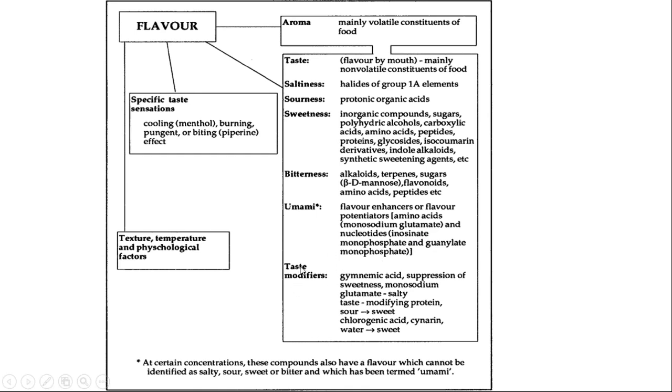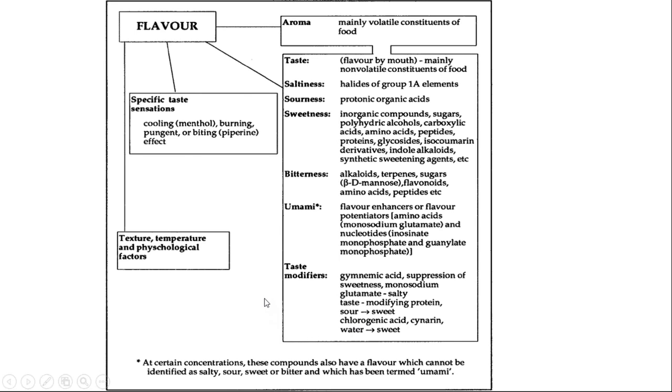And then you have taste modifiers, which can modify the taste. For example, gymnemic acid suppresses sweetness, MSG suppresses salt, and modified protein suppresses sour to sweet, and chlorogenic acid suppresses the two and enhances the sweetness.